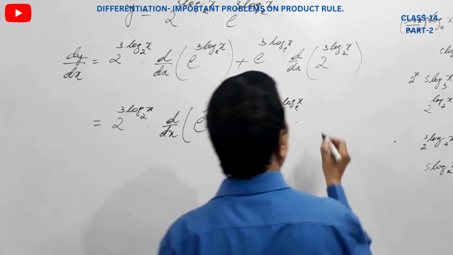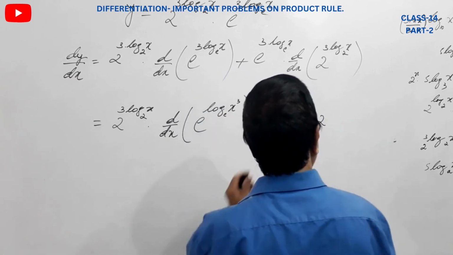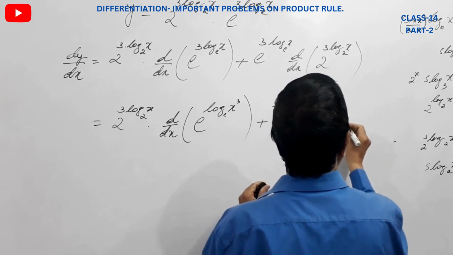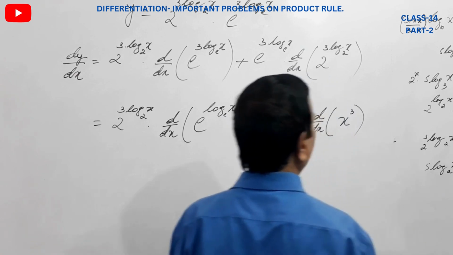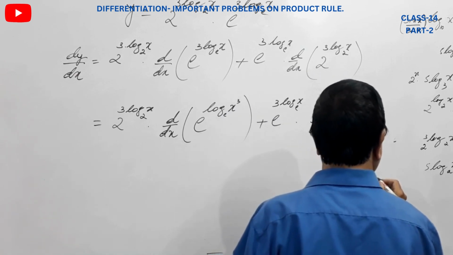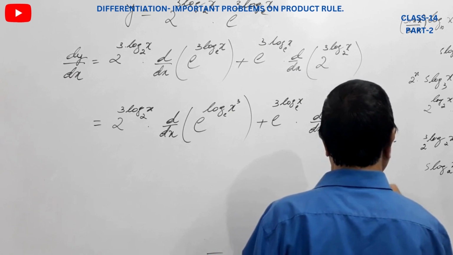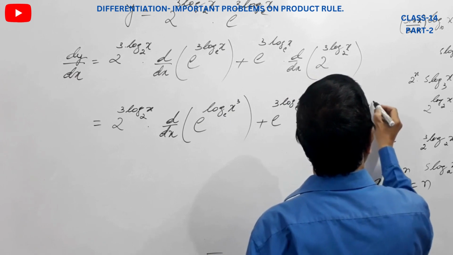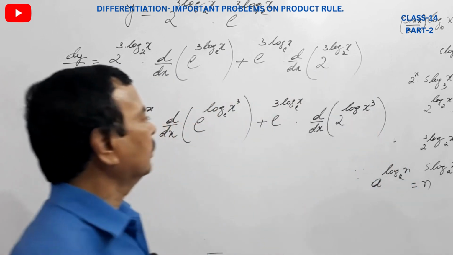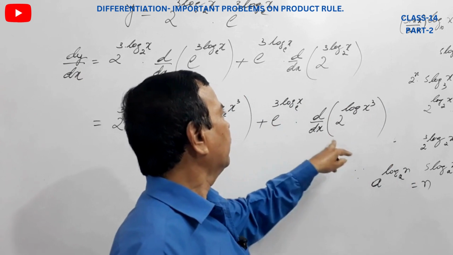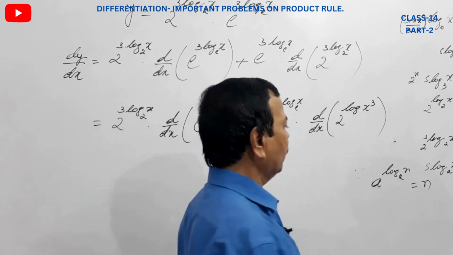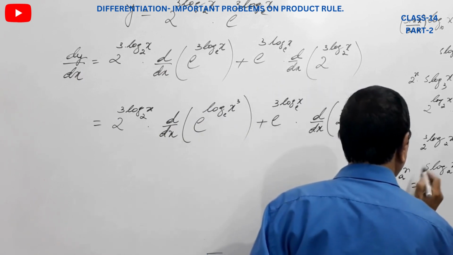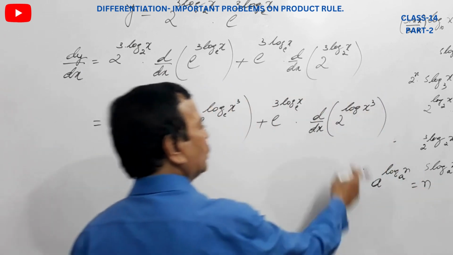This becomes what? d by dx of 2 to the power of log x cube. So this becomes d by dx of x cube, because a to the power of log n to base a equals n. Using this relation, it becomes this.